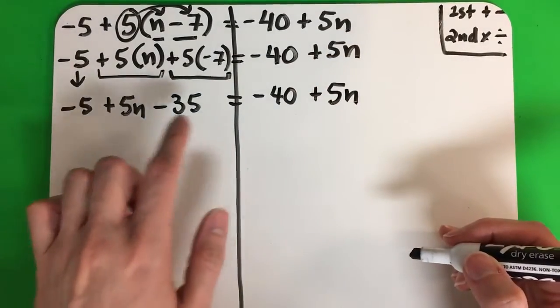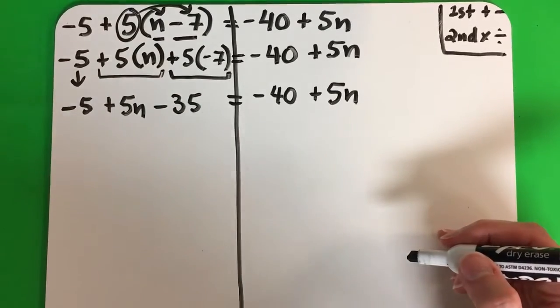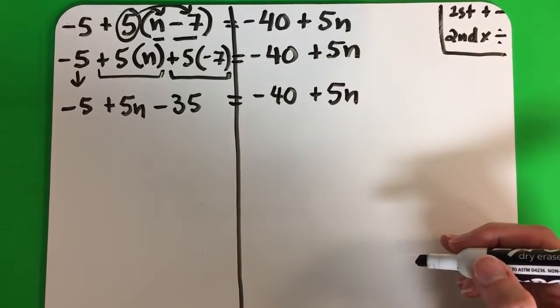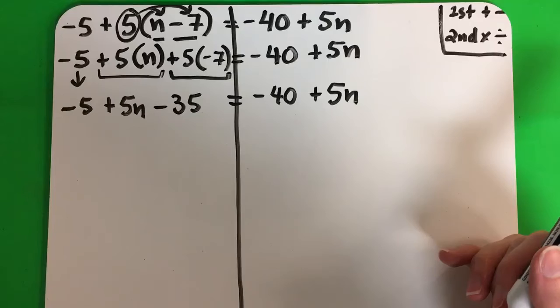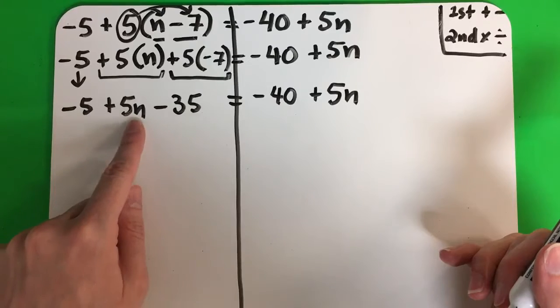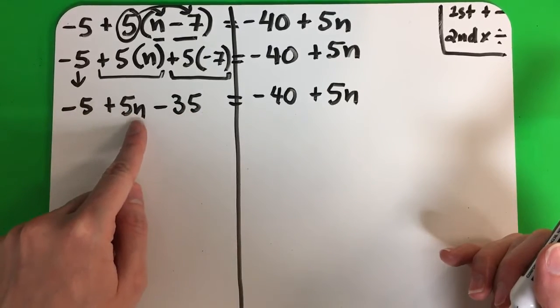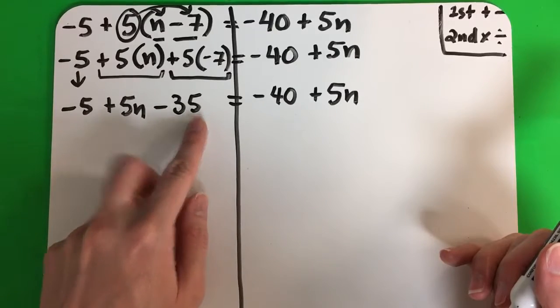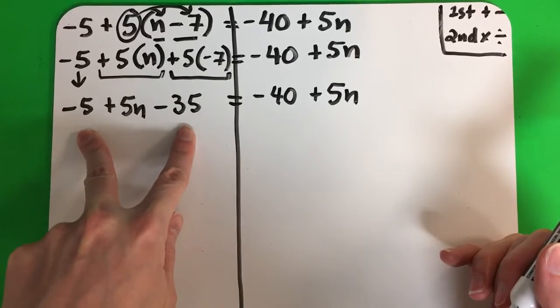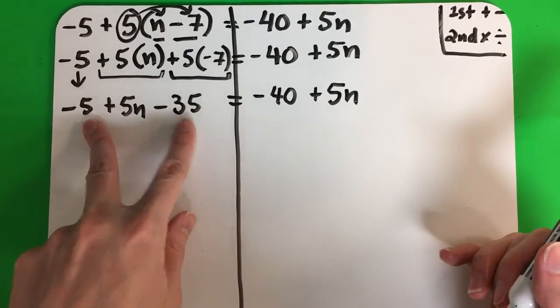Now, I have three things. Ahora tengo tres cosas. So I need to find the like terms. Necesito encontrar los similares. So here, no letter, and no letter. No hay letra, and no hay letra. So these are the same. Entonces, son similares aquí. Because there's no letter, porque no hay letra.